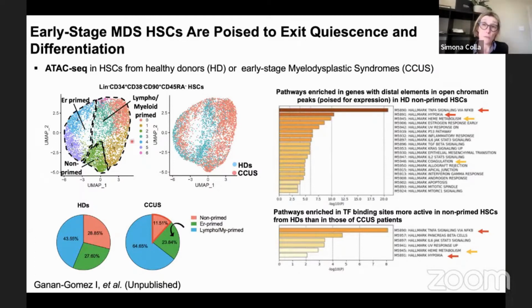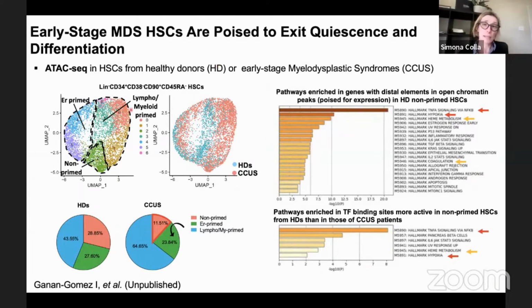So the idea was to perform single cell RNA sequencing. I'm not going to present it, but also ATAC sequencing. You can see here we were super successful and we were able to sort hematopoietic stem and progenitor cells from age-matched healthy donors, because myelodysplastic syndrome is a disorder affecting aging, so the control should be aged donors, and also CCUS.